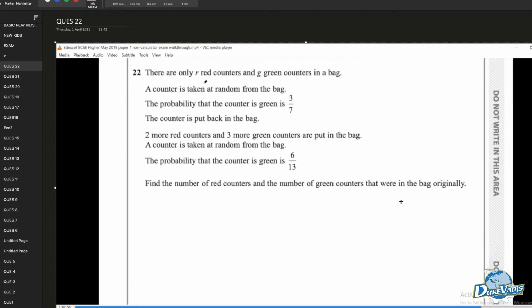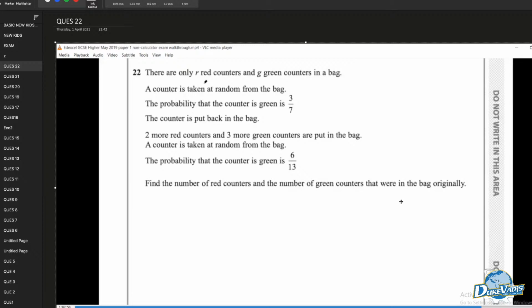A counter is taken at random from the bag. The probability that the counter is green is also 6/13. Find the number of red counters and the number of green counters that were in the bag originally.